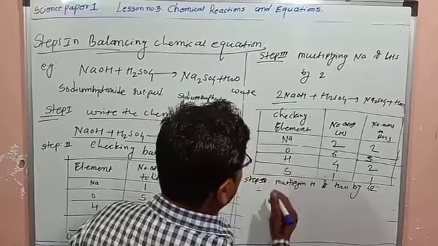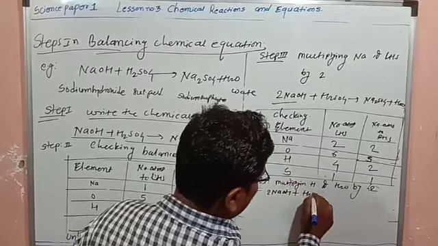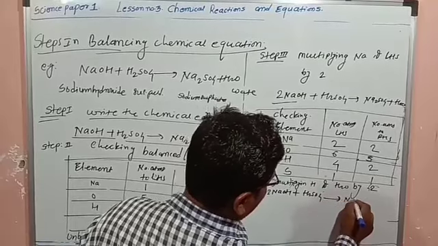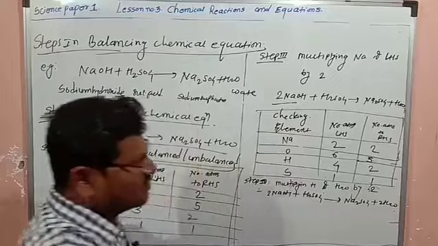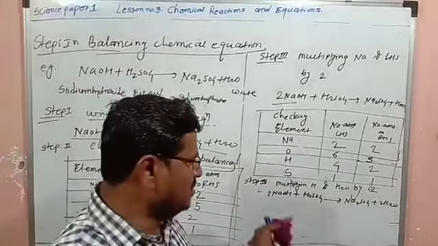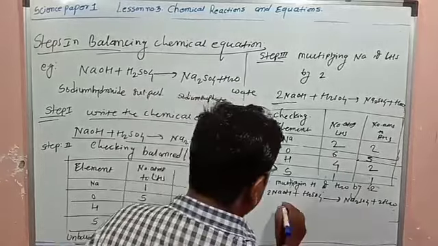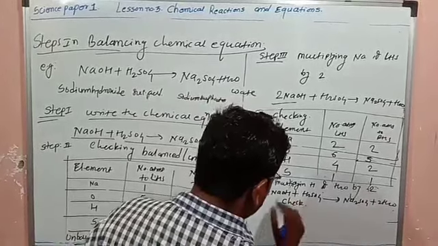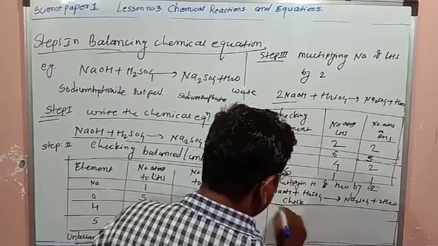The chemical equation will become twice NaOH plus H2SO4, it gives Na2SO4 plus twice H2O. This chemical equation again you have to check. Here again you have to check. In this you are going to make columns.